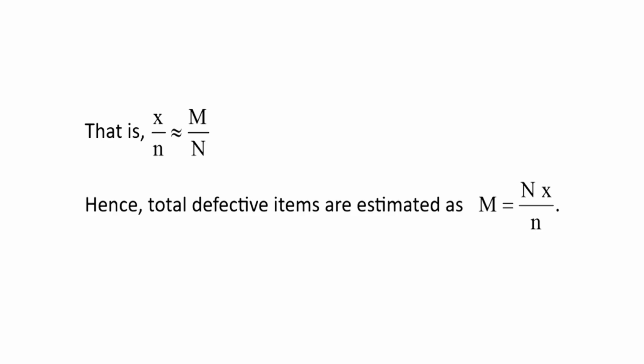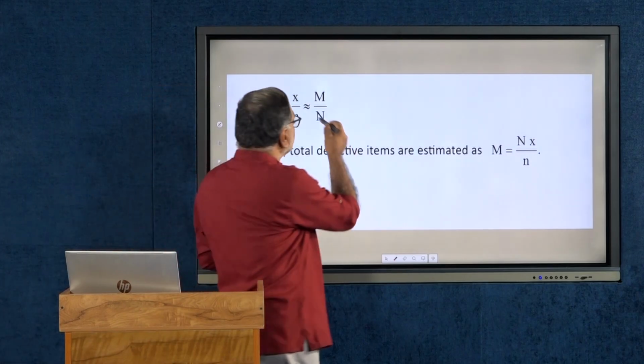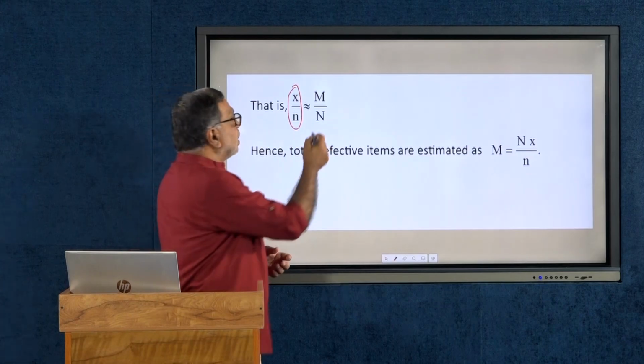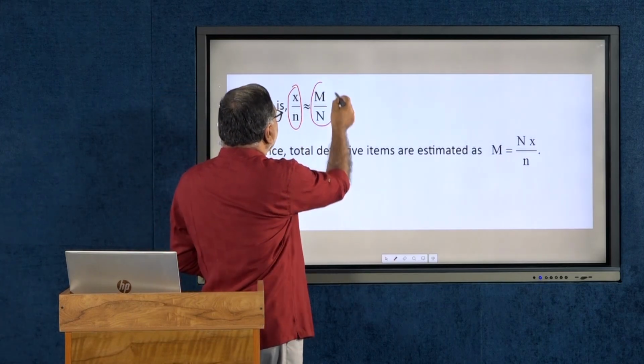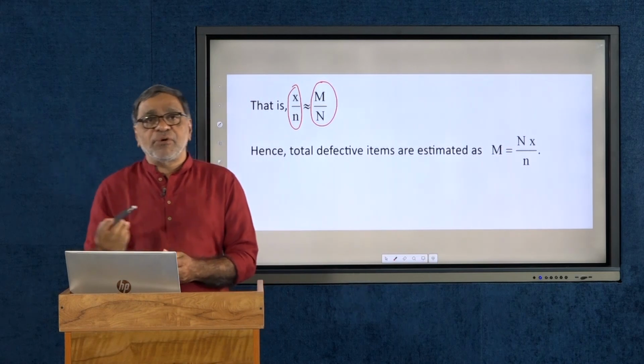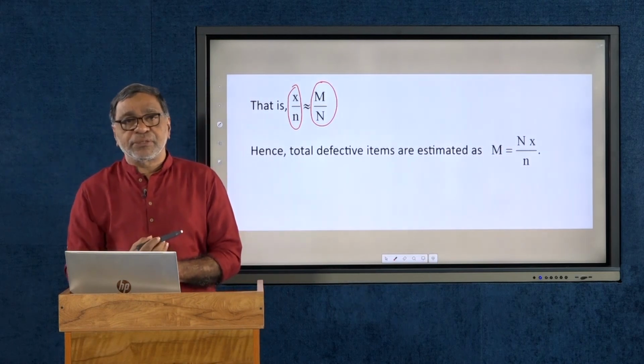So x divided by n is the sample proportion of defectives, because we have n items selected of which x items are defective. We have total N items, and let M be the total defectives. So M divided by N is the population proportion.